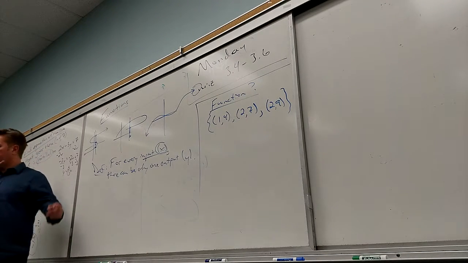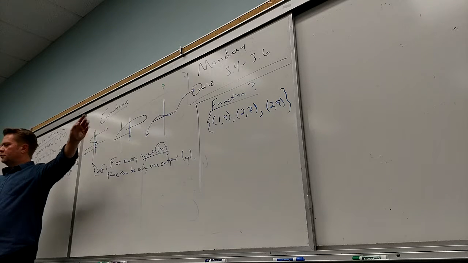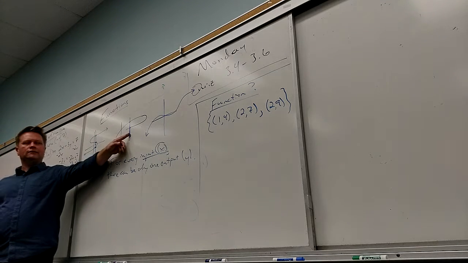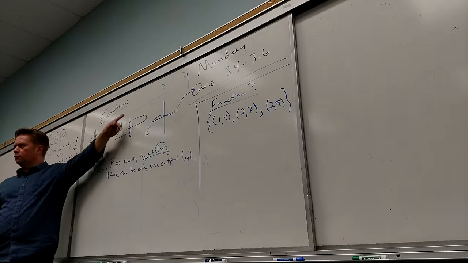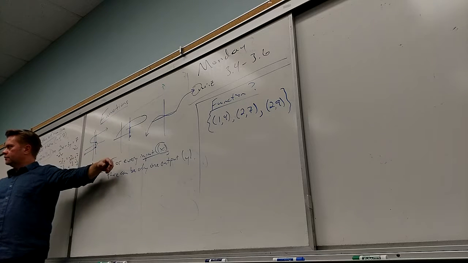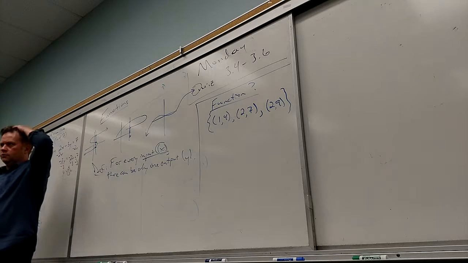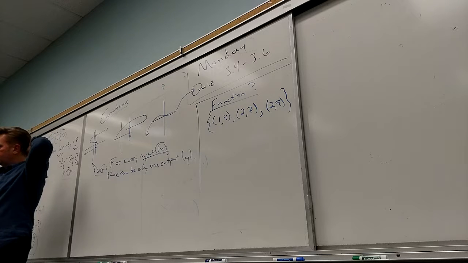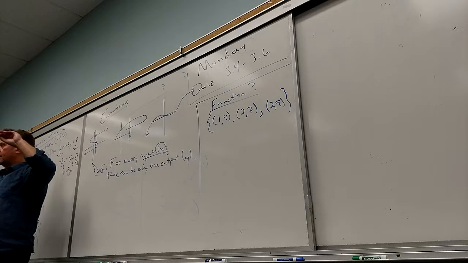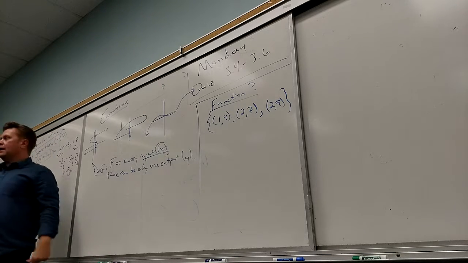This is obviously not so visual. But what's the main idea? Any x value cannot have more than one y value. Does that happen here? Is there an x value that has more than one? Yes, because 2 has an output of 7 and 9.